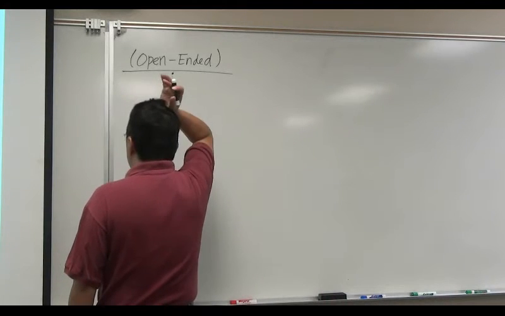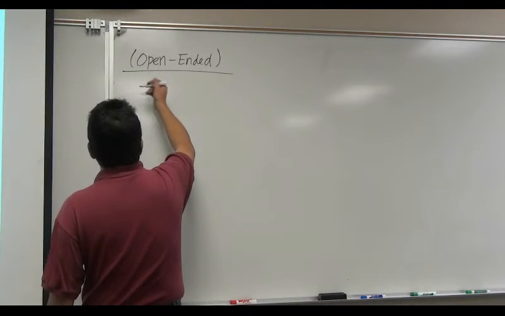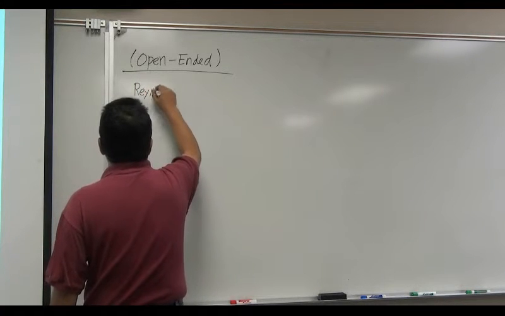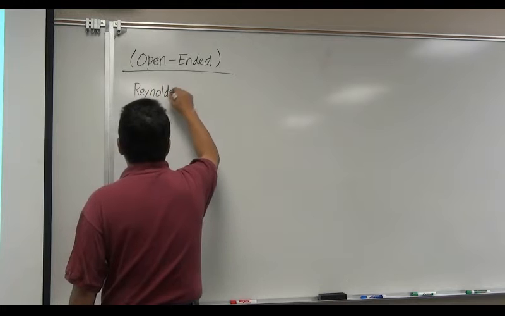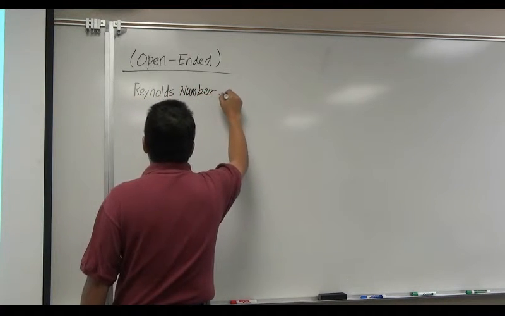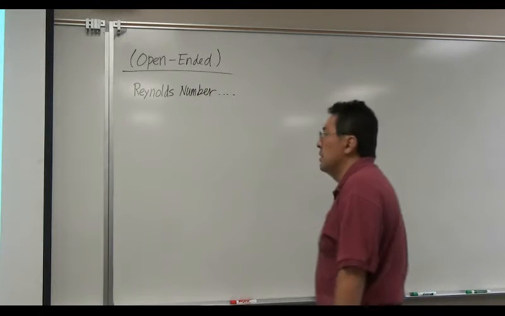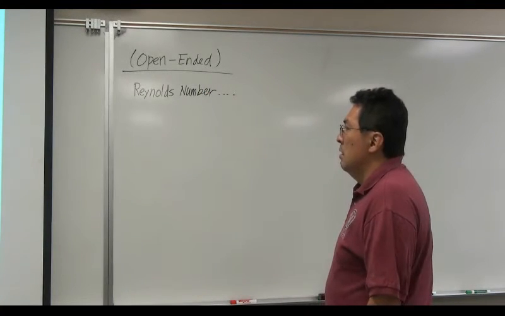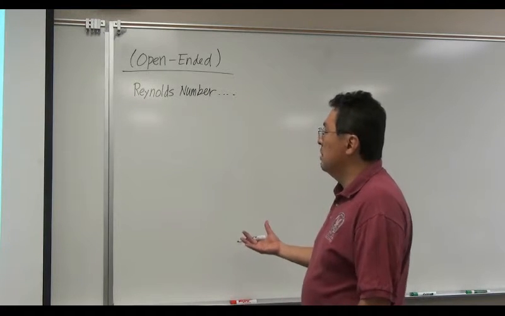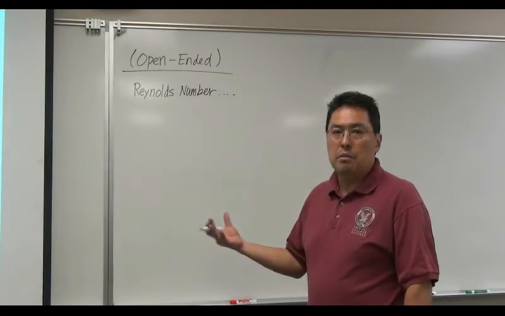So first of all, the typical choice for that is a Reynolds number. You want to set the Reynolds number of your actual airplane flight condition against your Reynolds number of your wind tunnel testing.